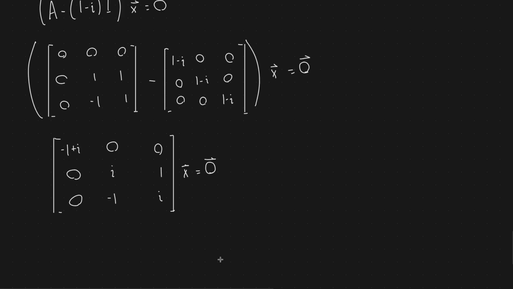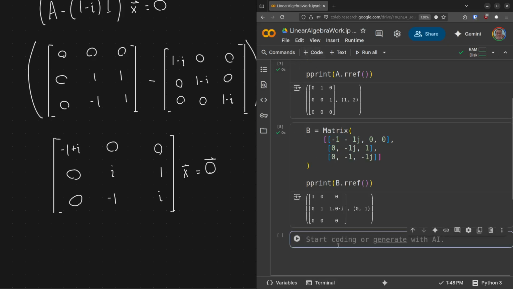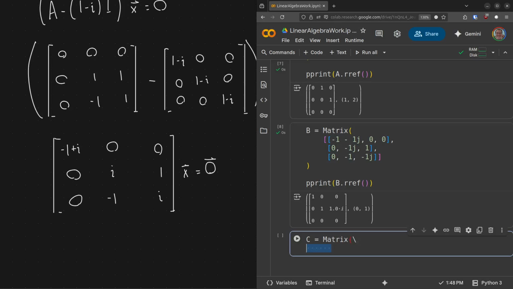To solve this homogeneous system, I want to find the reduced row echelon form of my coefficient matrix. Let's do this one more time. Let's call my matrix here C. So I get negative 1 plus 1j. Make sure you translate it correctly so that it will work in the calculator. Row 2 is 0, 1j, 1. Row 3 is 0, negative 1, 1j.